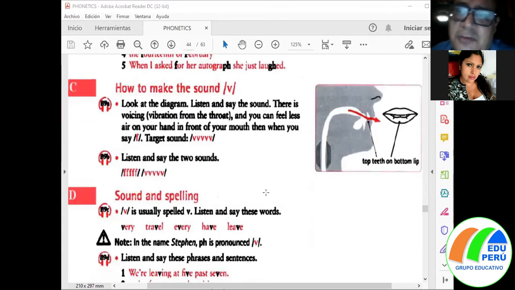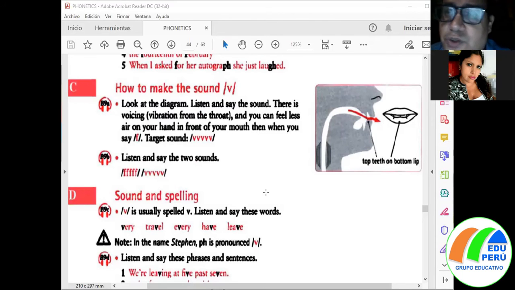Let's continue with the second sound. The second sound is similar. You just change the vibration. Remember, the vibration. Now, the same sound, but with vibration. All right? So, we are going to produce the two sounds together.